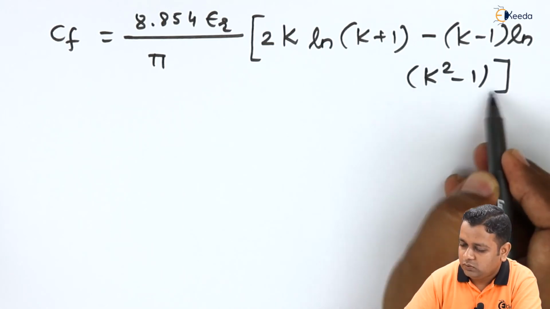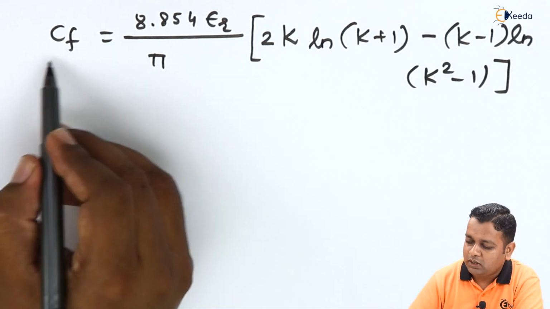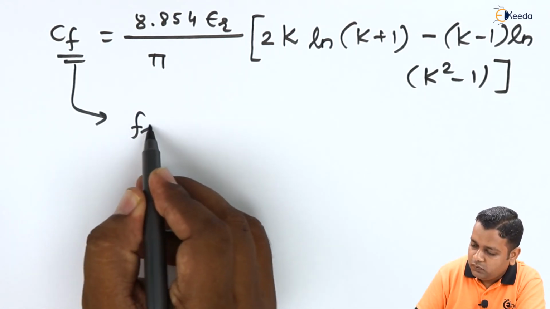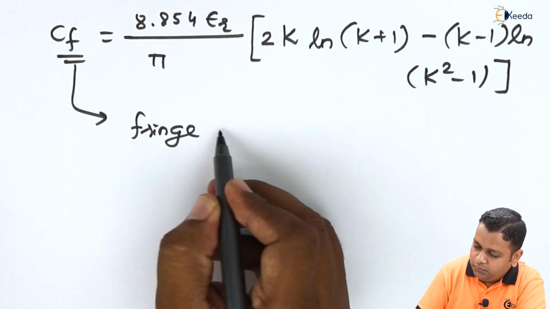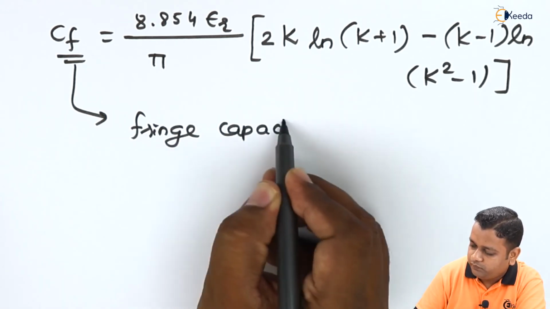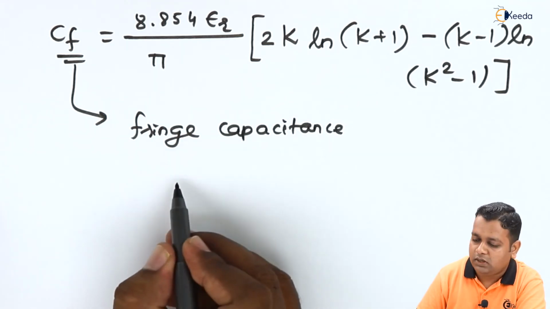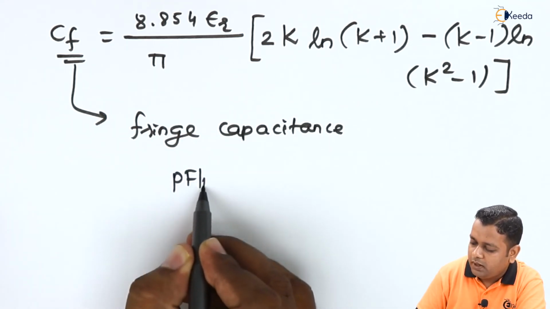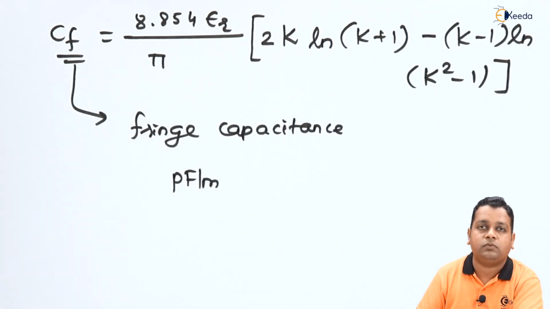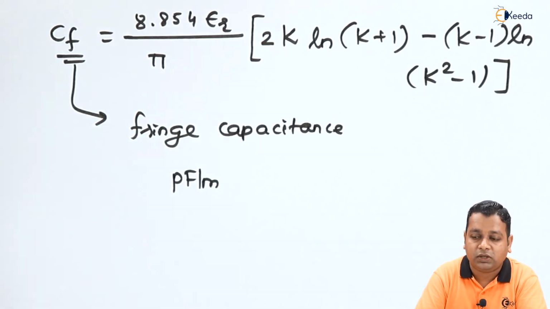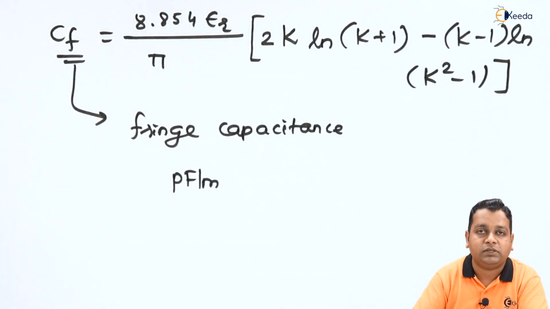This completes the square bracket, and as we just said, this is the fringe capacitance. This fringe capacitance is measured in picofarad per unit length in meters.